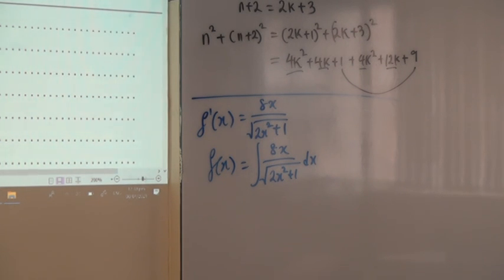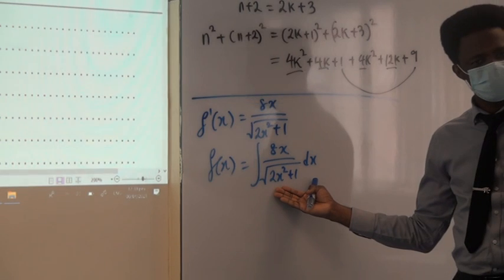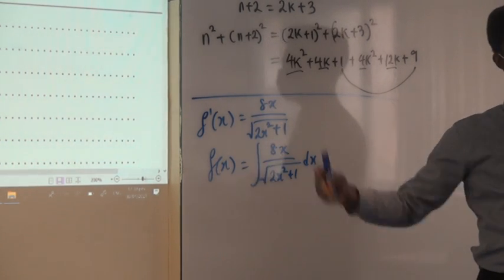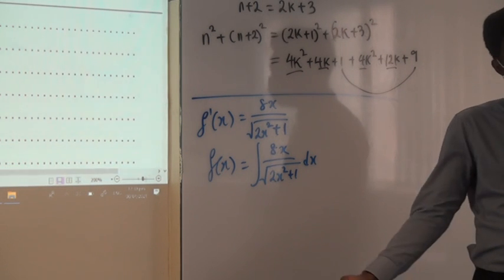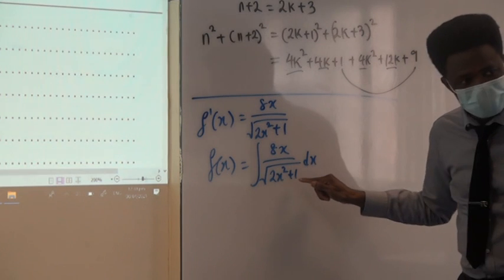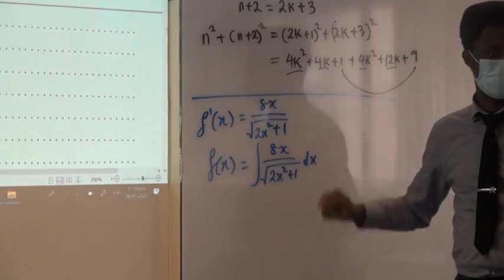You can eliminate x from the numerator if you differentiate 2x squared. If you differentiate this, you get a function of x, and x is here waiting for you to be eliminated. That's how you know. That's the only thing. The derivative of that guy hiding under the power or root is related to what you have at the top.